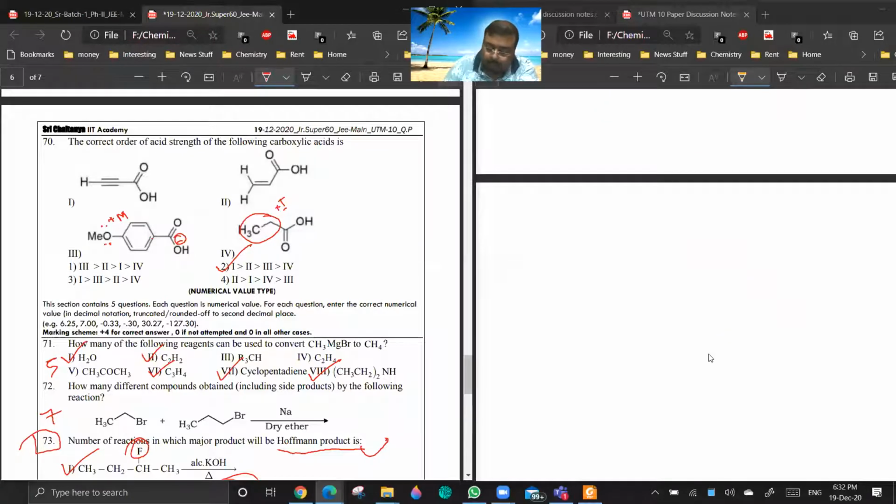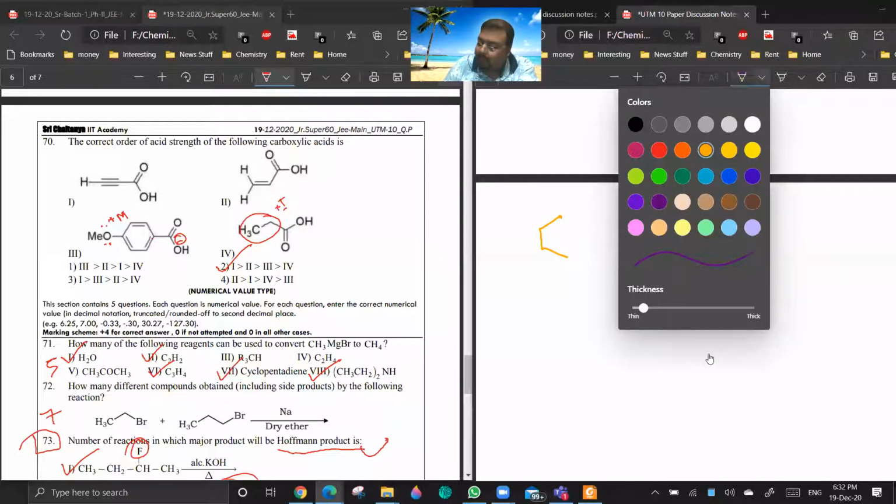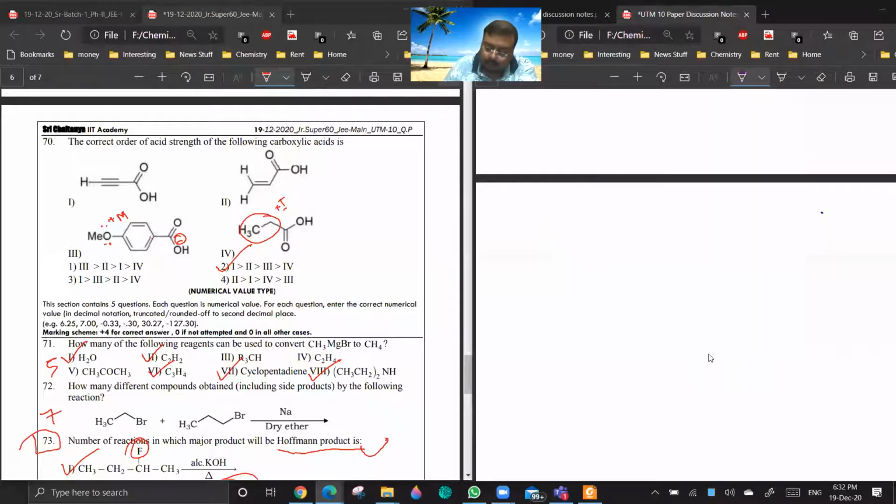I think I have told you people that benzoic acid is more acidic than acetic acid, right? Is it clear? Yes, sir. So even if you add an electron donating group to benzoic acid, and a CH2 group here, benzoic acid will be still greater than acetic acid.